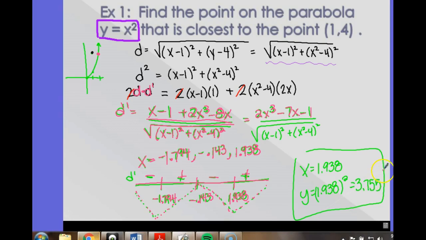Therefore, 1.938 is our answer. So (1.938, 3.755) is a point on y equals x squared that is close to the point (1, 4) hanging out in the world. We found the pink dot, which is the closest point on our parabola to the black dot.